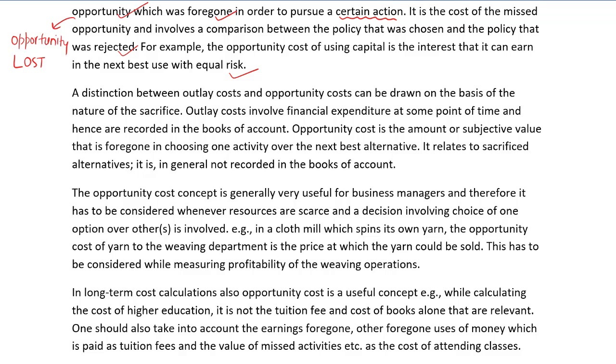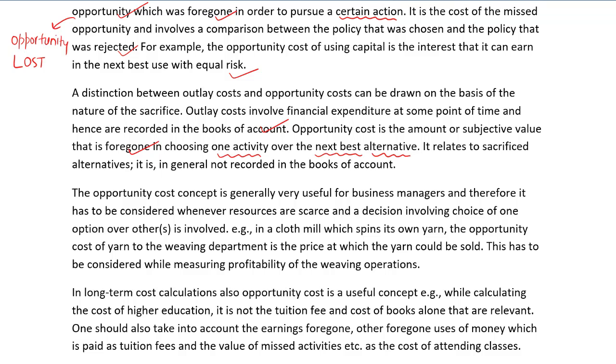A distinction between outlay cost and opportunity cost can be drawn on the basis of nature of sacrifice. Outlay cost involves financial expenditure at some point of time and hence is recorded in the books of accounts. Opportunity cost is the amount of subjective value that has been foregone in choosing one activity over the other, the next best alternative available.